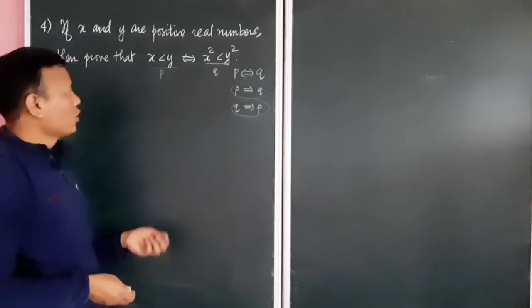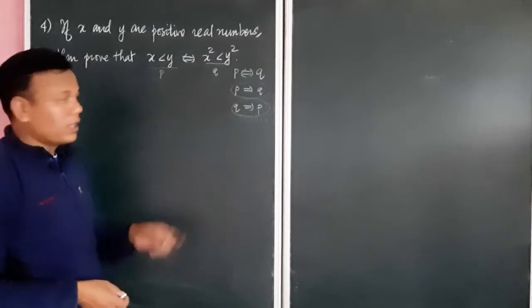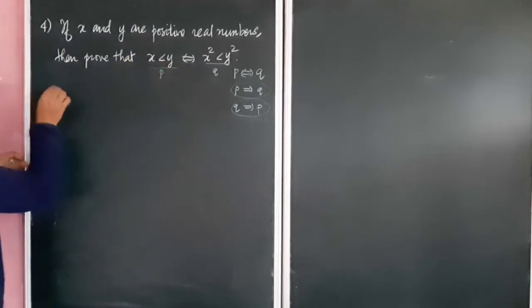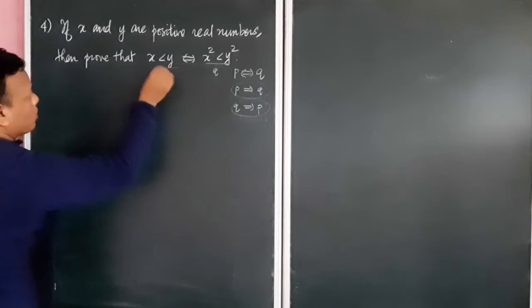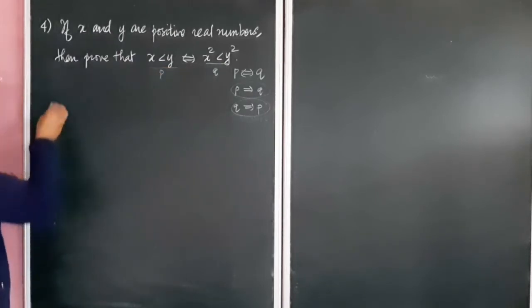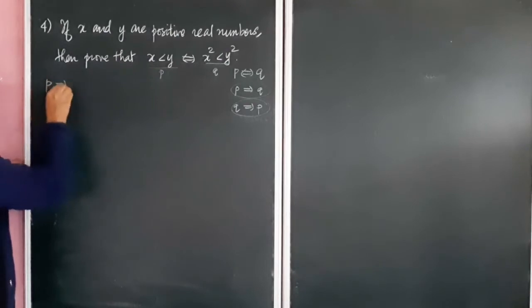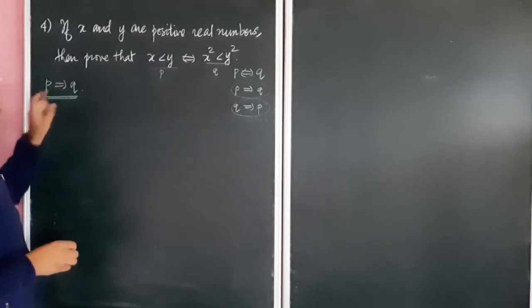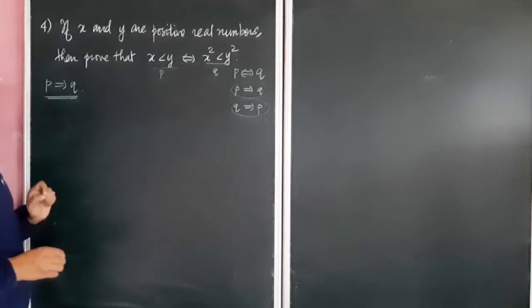So I am going to do the direct method here. Please mark this is my P and this is my Q. Let me prove this way, P implies Q. So I am proving P implies Q first. P implies Q means P is given to us, right?